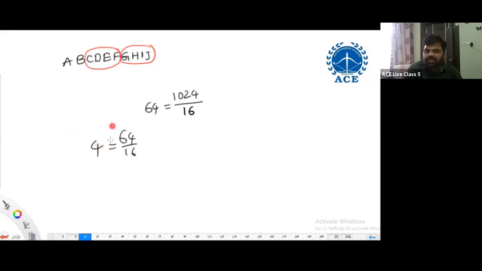So how many decoders are there in the second stage? 4 number of 4 to 16 decoders are there. To enable these, what can we use? First stage. Here I am constructing a 2 to 4 decoder using a 4 to 16 decoder.